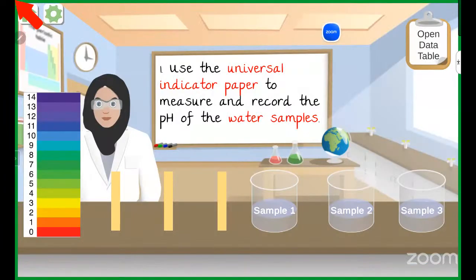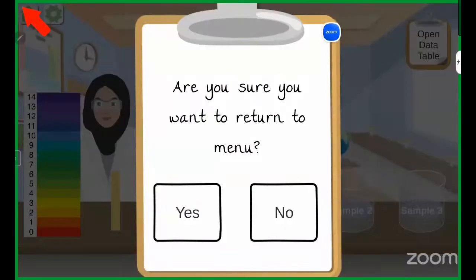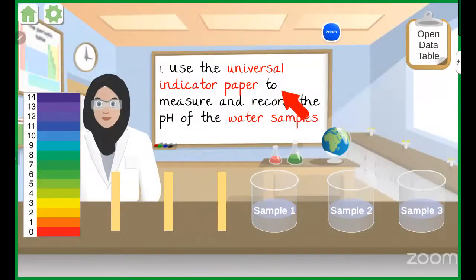All right. Now you have the instruction on the screen. I want you to read it aloud. Can you read the instruction?